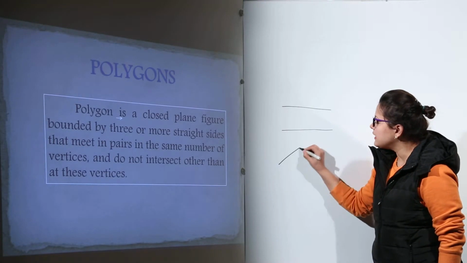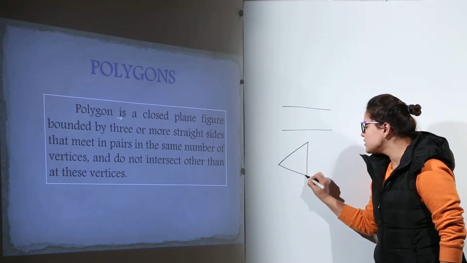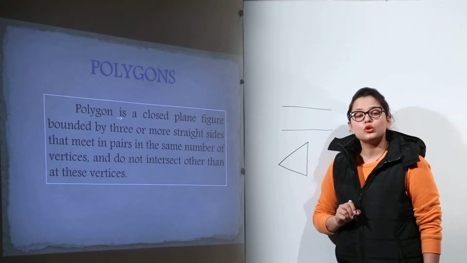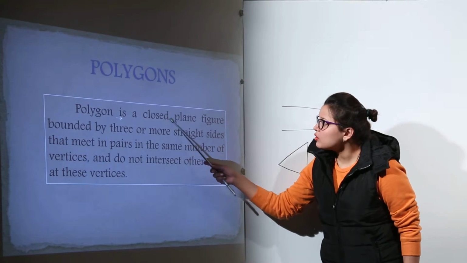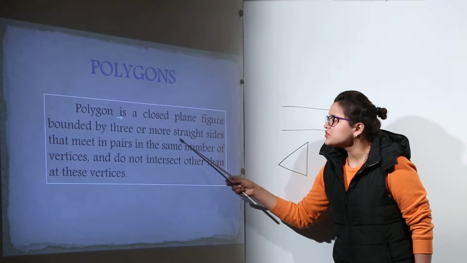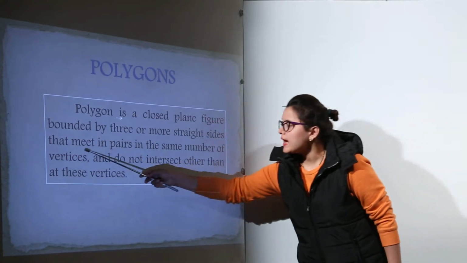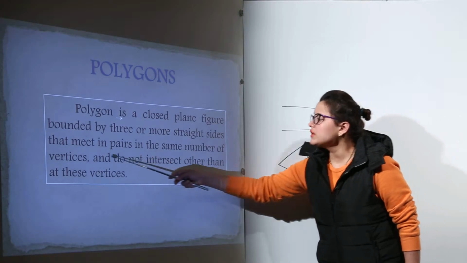I need at least 3 lines. With these 3 lines I will be able to make a closed figure. So that is why we say it is a closed plane figure bounded by 3 or more straight sides that meet in pairs in the same number of vertices.